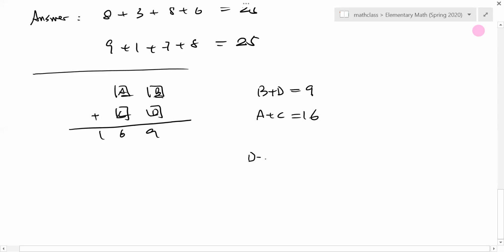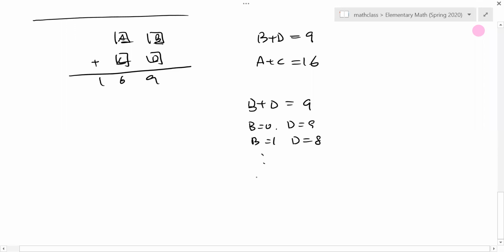If B plus D equals 9, then B could be 0, D could be 9, and then B could be 1, D equals 8, and keep going. So there are 10 different solutions just for that simple equation, B plus D.